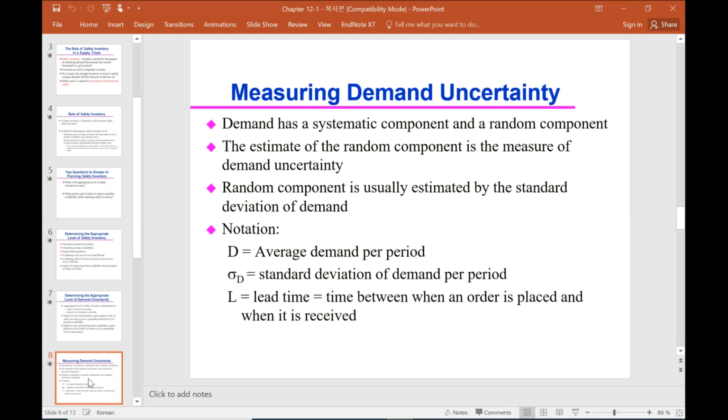For that, I need to specify the notation. Let's say capital D is the average demand during a certain time period. But we already saw capital D before, when we talked about cycle inventory. The demand in cycle inventory and the demand in safety stock are quite different.